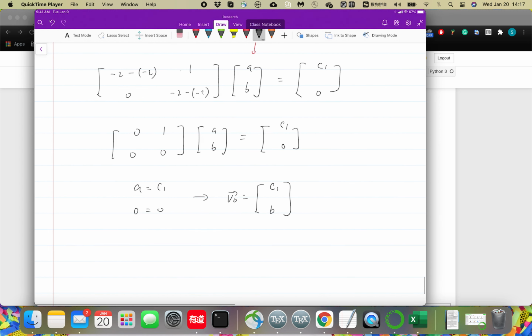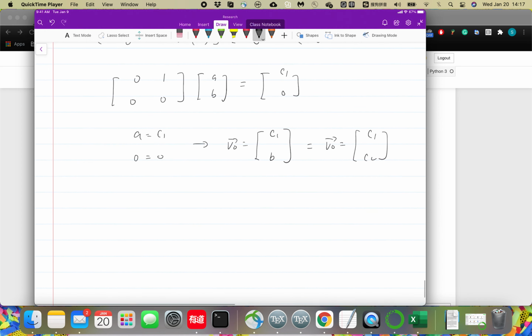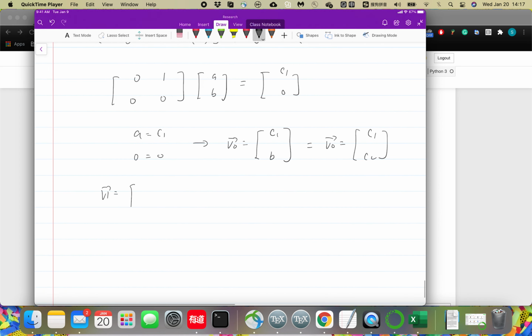And finally, for convention, we change it to another constant, which we name C2. And what we want to say is your V1 is this one, and your V2 seems arbitrary, but actually your V2 changes. The first component of your V2 should change with your V1.